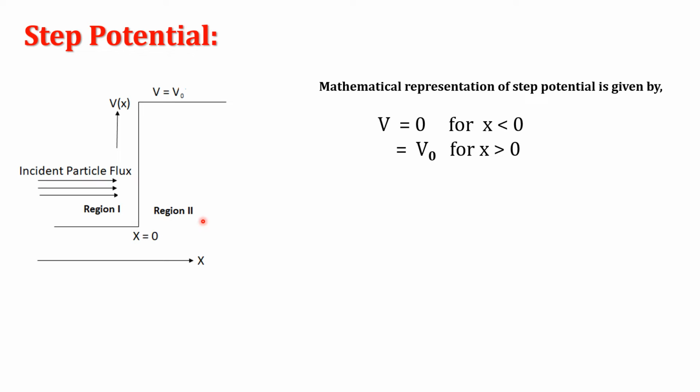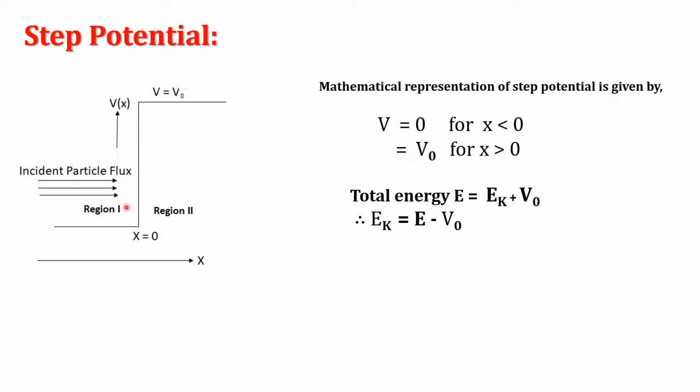As the particles are moving along the positive x direction, we are considering a beam of particles, or the number of particles moving along the positive x direction per unit time per unit area, that is the incident particle flux. Such a particle flux has total energy E equal to Ek plus V0, that is Ek is equal to E minus V0.